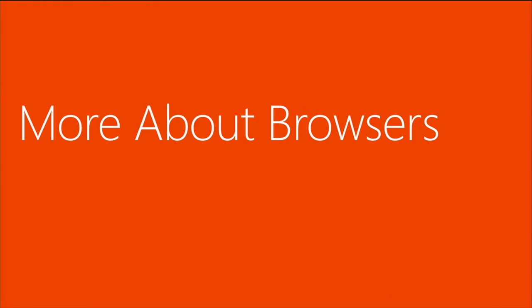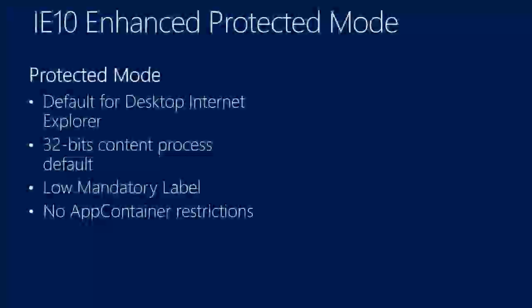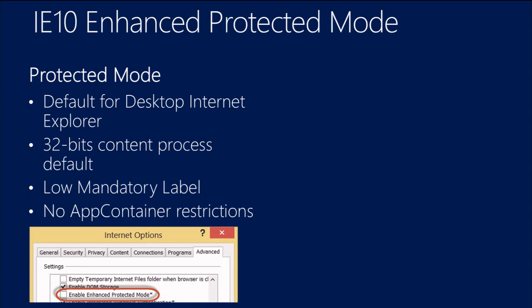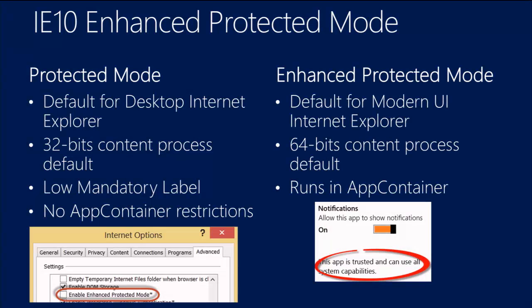Now, browsers are extensively using user account control to be more safe. I already, by accident, showed you how IE10 in protected mode is running at the low integrity level. And there is an option in there that says enable enhanced protected mode, which means from now on, start these processes to browse the internet in an app container.